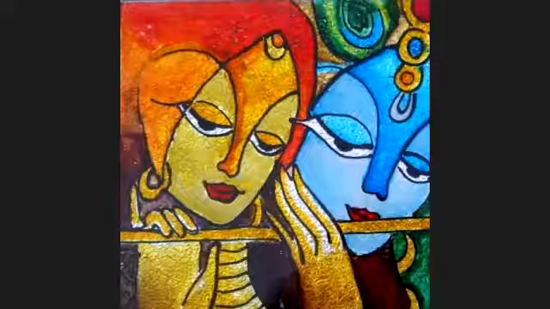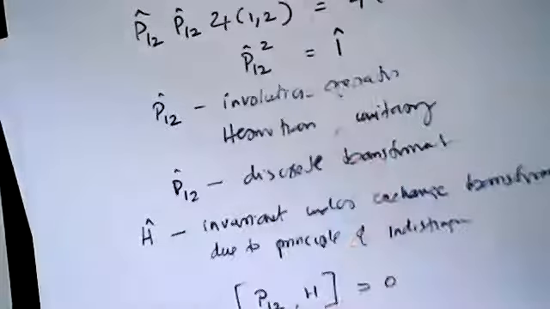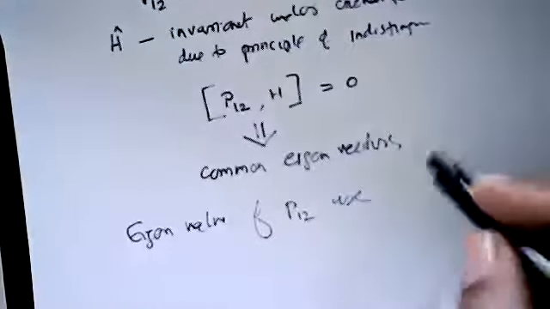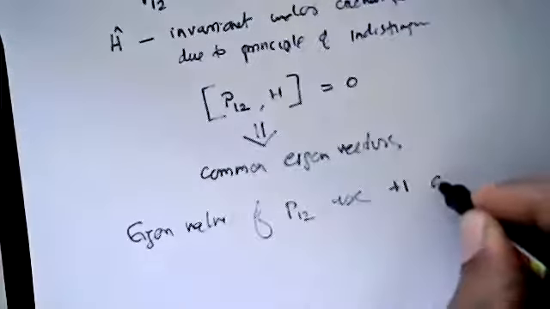Since P12 square equals 1, the eigenvalues of P12 are plus 1 and minus 1. So only two eigenvalues.